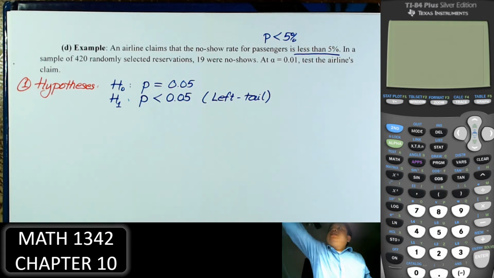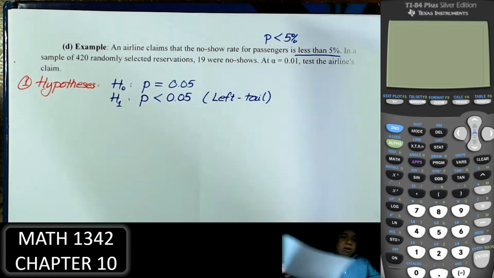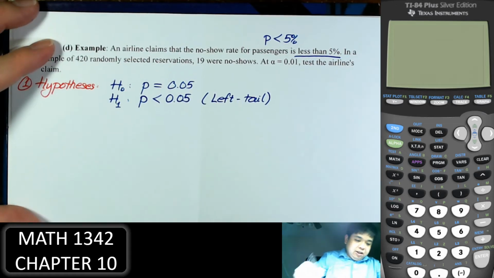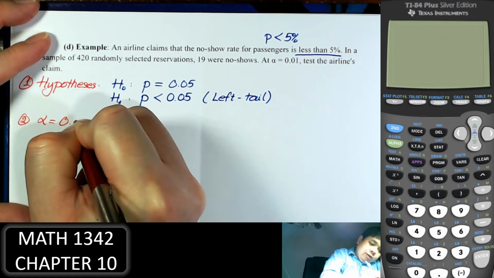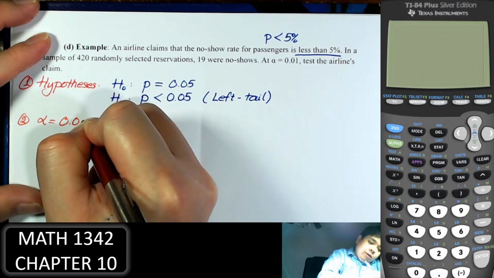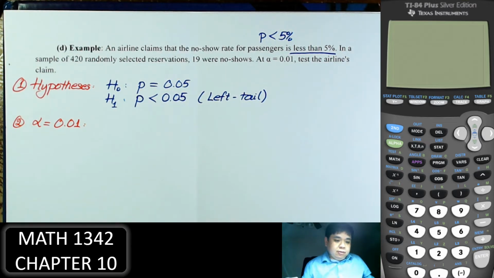And then next, we have alpha is given. So the next step is select alpha, or in this case alpha is given. Right. And now we test the hypothesis.